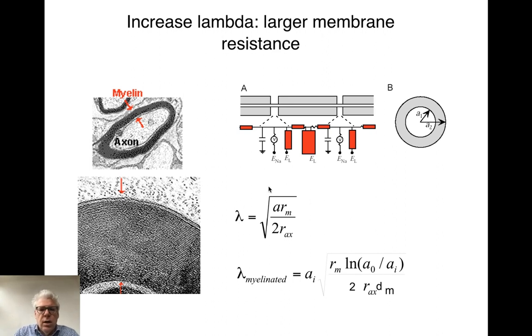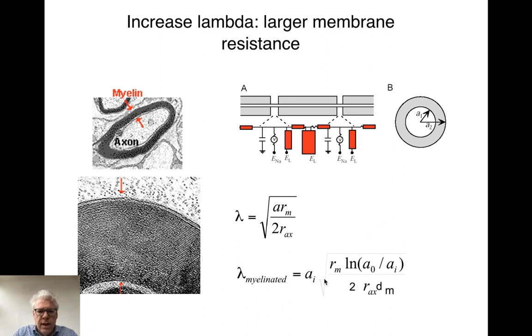Now this is the expression for an unmyelinated axon, and for a myelinated axon the expression becomes slightly different. This is a square root sign, it's not completely visible. In the book you can read why this indeed is the expression for a myelinated fiber with the different dimensions included, in particular the radius of the naked axon itself, and A2, the radius of the axon with the myelin.